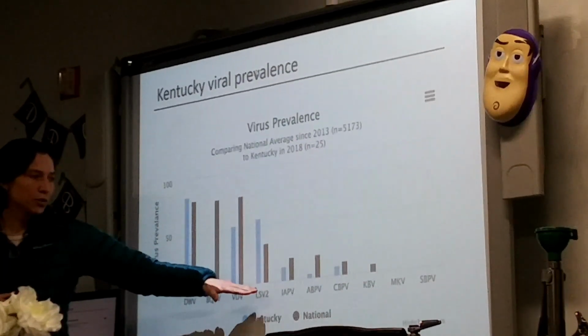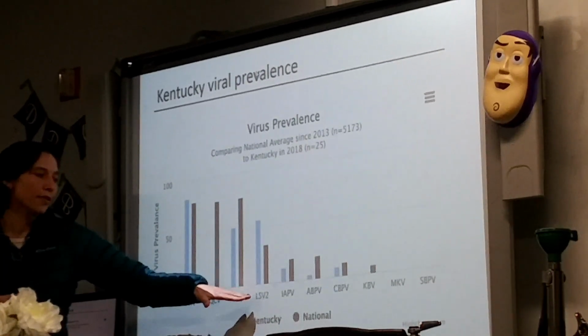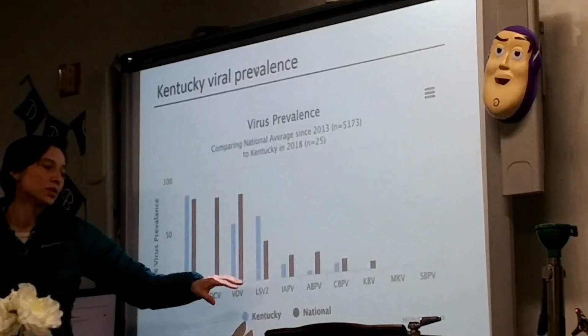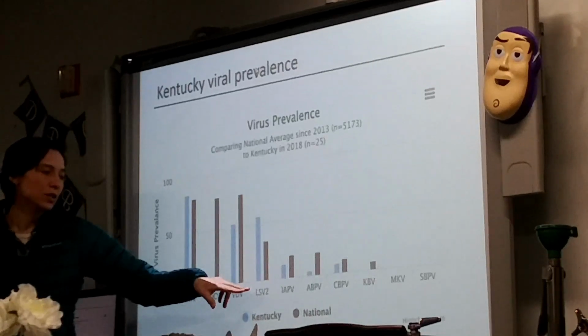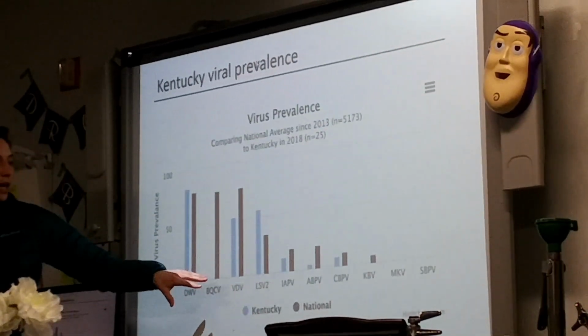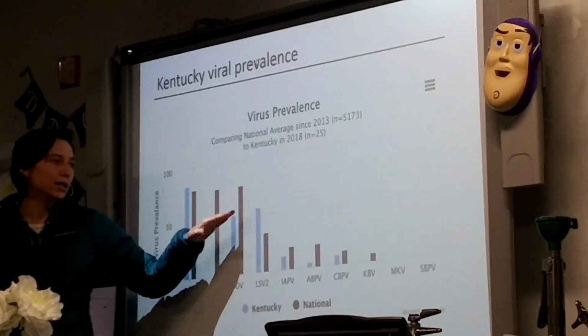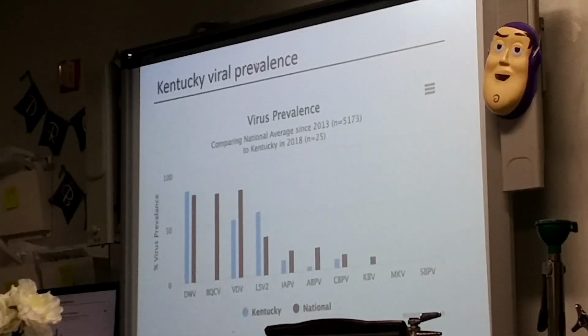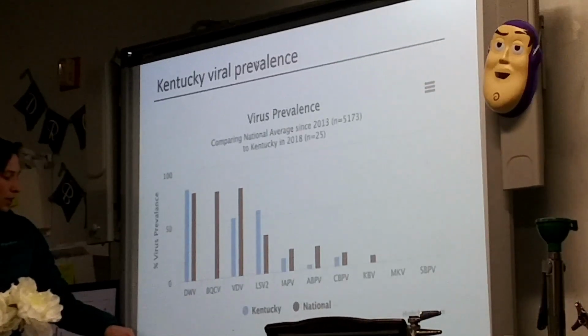This LSV2 is particularly interesting to me. This was the one that I mentioned predominantly occurs in the gut. And I'm very curious in developing a study right now looking at how nutrition impacts viral abundance for LSV2 specifically, since it seems to be excessively present here.